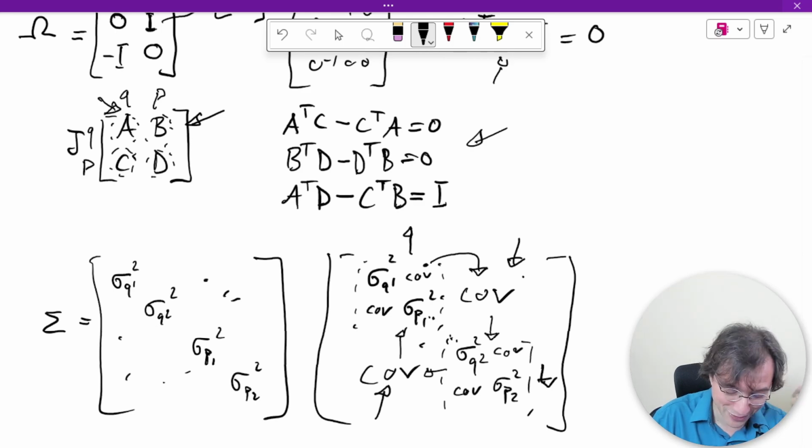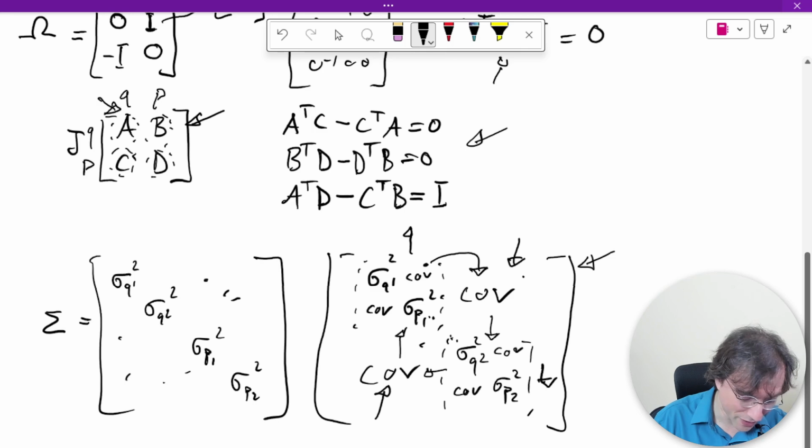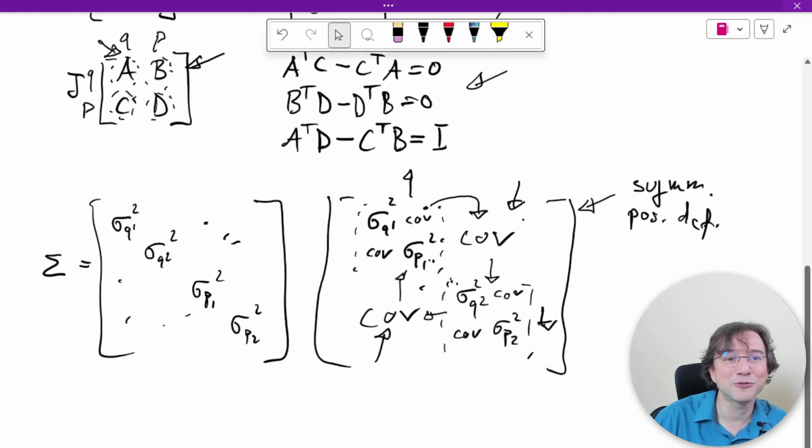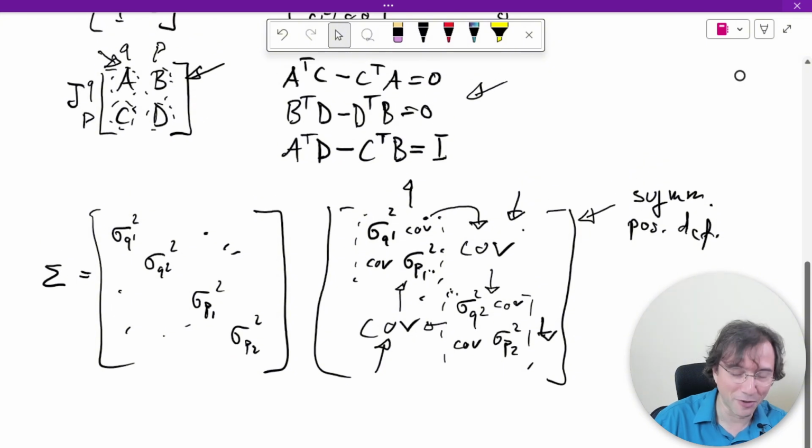I mean, there are some constraints on this matrix, because the matrix that we're looking at mathematically can be understood as a symmetric and positive definite matrix. So essentially, mathematically, we're trying to understand how a symmetric and positive definite matrix evolves through the symplectic group.